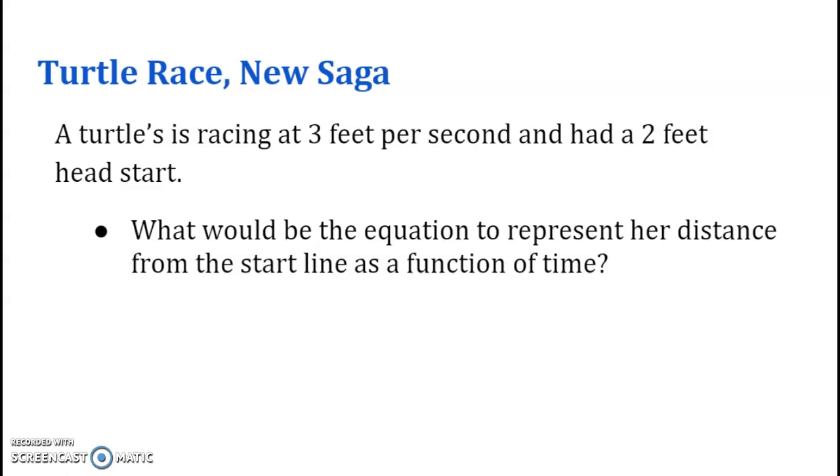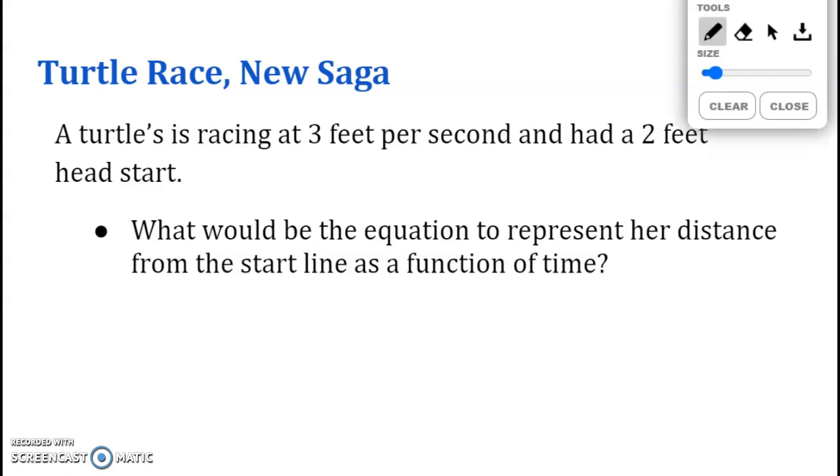If you recall, in the last lesson we said if the turtle is racing at 3 feet per second and had a 2 feet head start, what would be the equation to represent her distance from the start line as a function of time? To do this, you need to be thinking about what is the unit rate and what is the starting point.